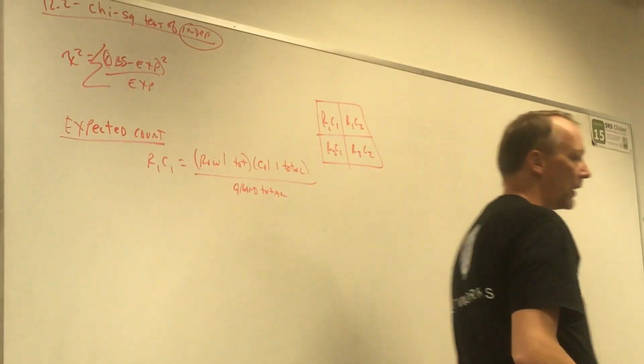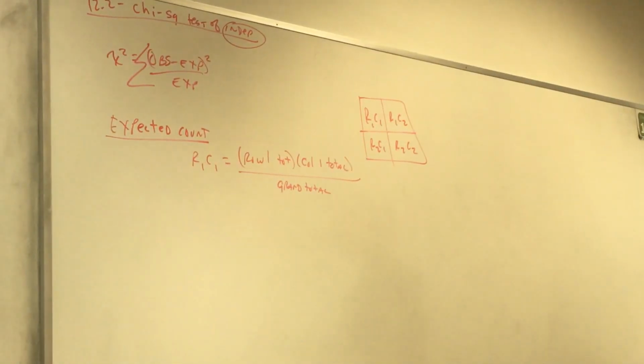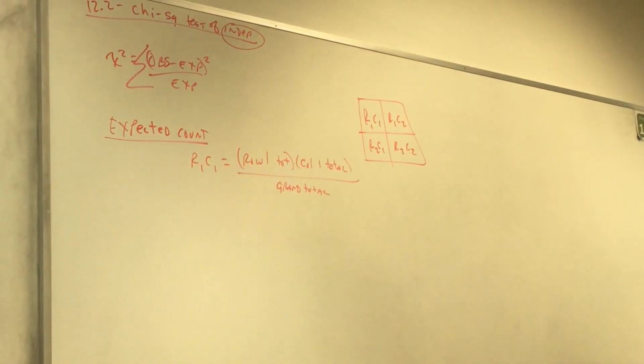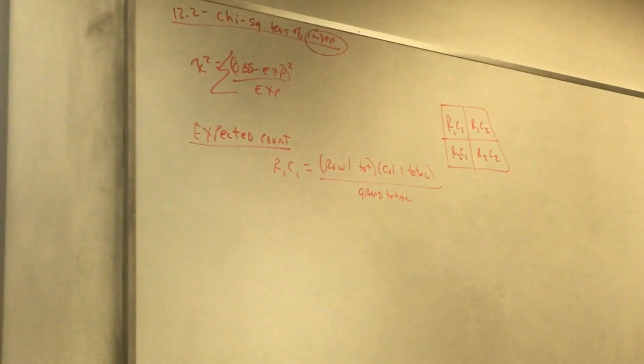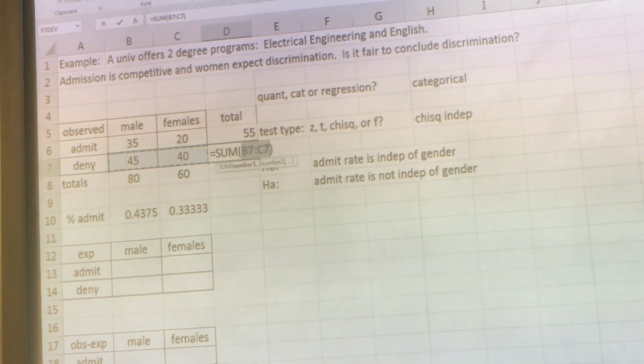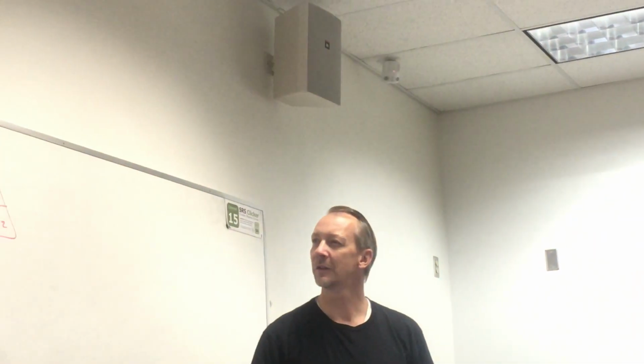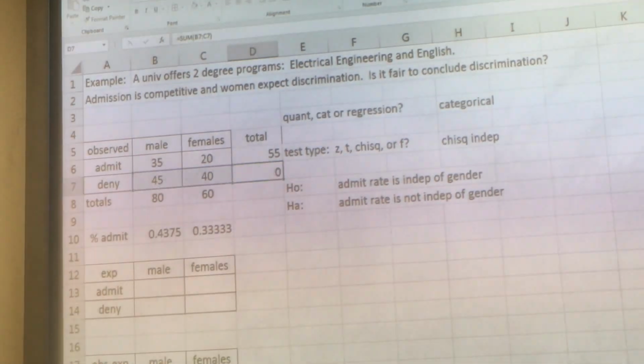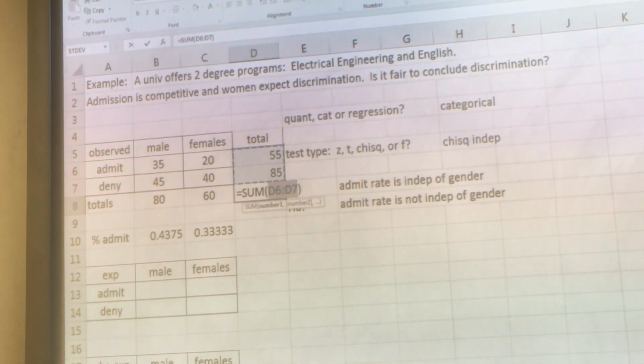So not only do I need my column totals, as I've already figured out, but I need my row totals as well. So I'm going to go over here and put totals here. I'm going to add that up. I'm going to add that up. By the way, I want you to pay attention on this one. Notice it's adding up the row. The third one I do, it's going to add up the column.